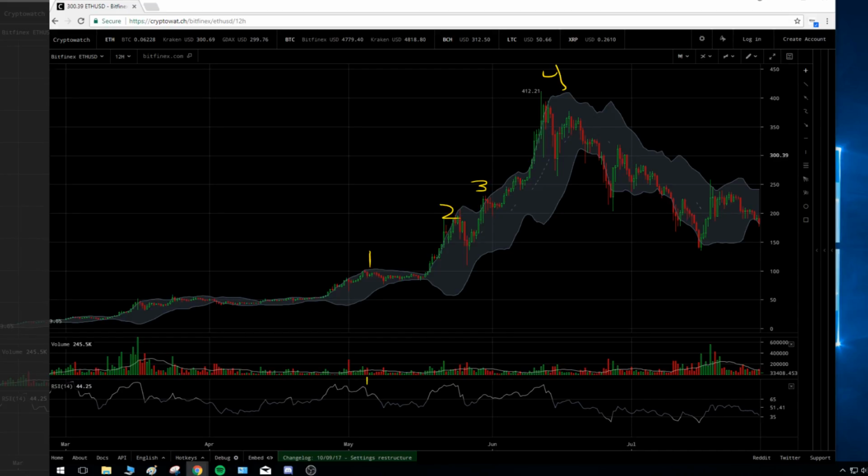So here's 1, 2, so made a new high here. However, on point 3, it makes a new low. So here's a great example of when the price makes a new high, but the RSI does not make a new high, yet the market continues upward.